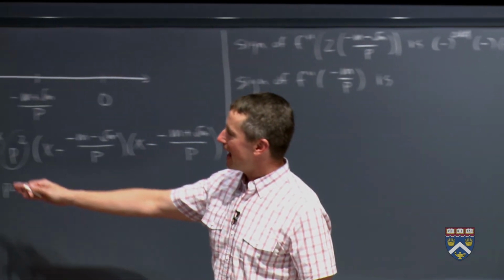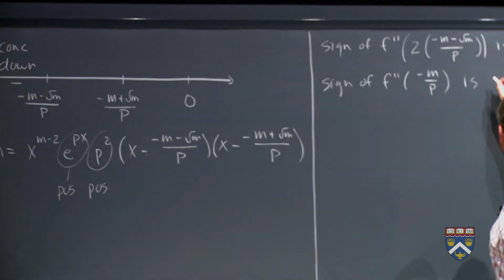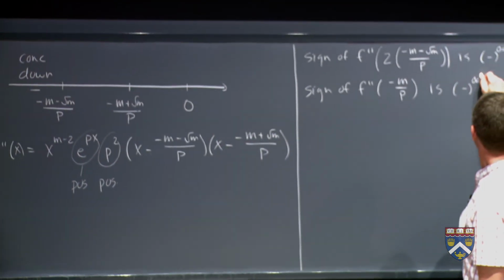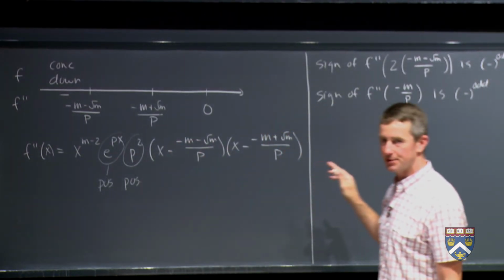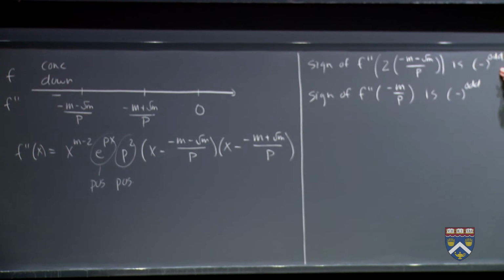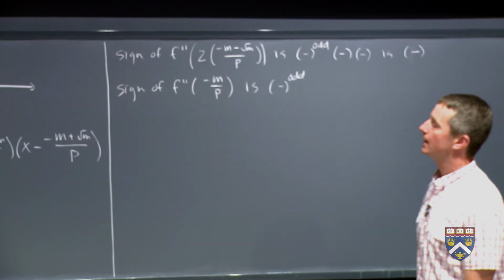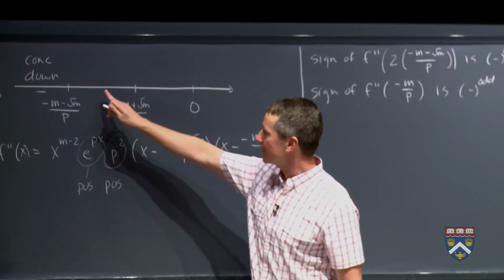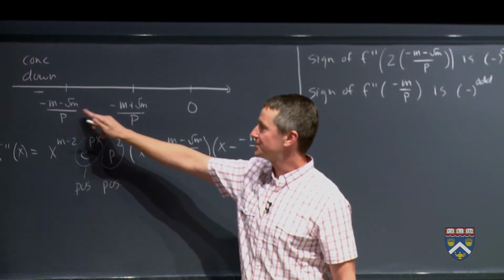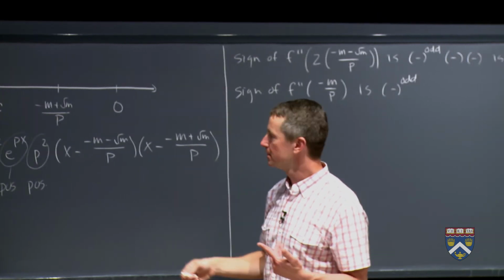We're still taking a negative here to an odd power. These two terms still here are both positive, so I'm not bothering to write them. Right? I could have written a plus and a plus here, but they're not going to change the sign. And now, remember, I'm taking a negative number between here and here, and subtracting a more negative. So let's think about that.